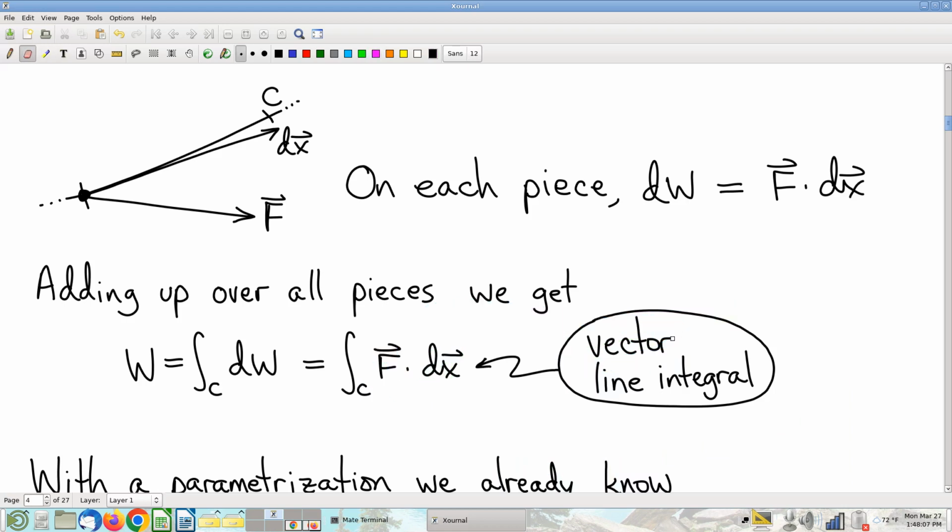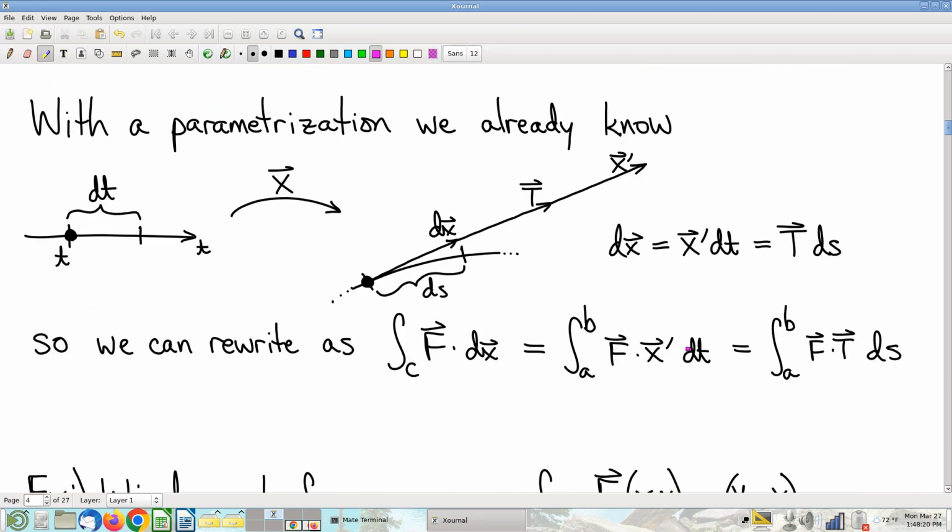This is a different construction. It's very closely related to the scalar line integral construction, but it is importantly different. So we call this a vector line integral. Okay. So now how to compute. I think this is about where we left off last time.